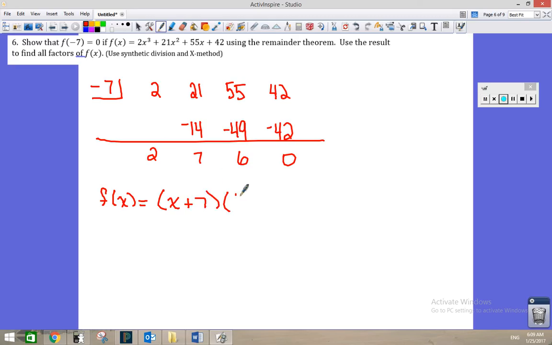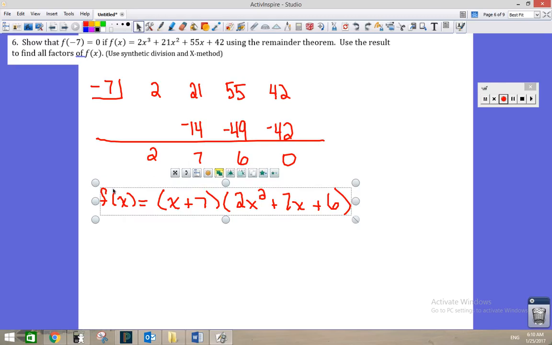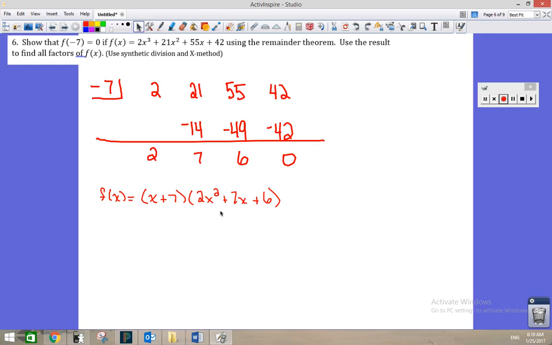And now this is 2x squared plus 7x plus 6. And this is where the x method has its true advantages, because with a leading coefficient that's different than 1, it helps us to organize and not do so much trial and error.